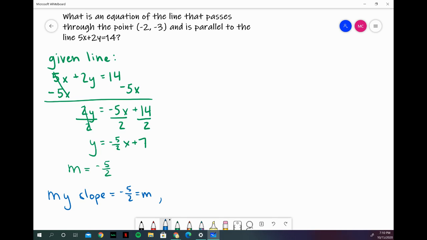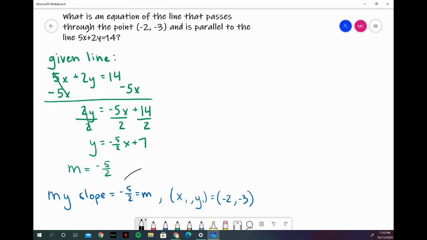So now that I know my slope, I need to set x1 and y1 equal to -2, -3. So now I've completed step 2. I've found the slope of my line, and I know what point I'm going to plug it into.